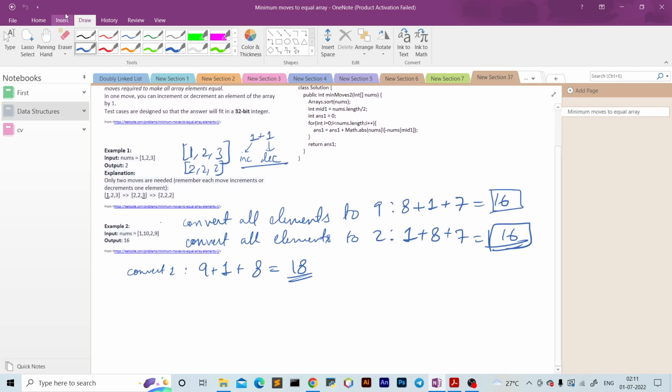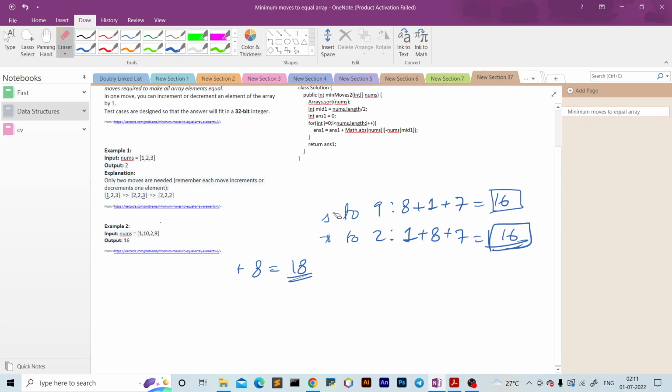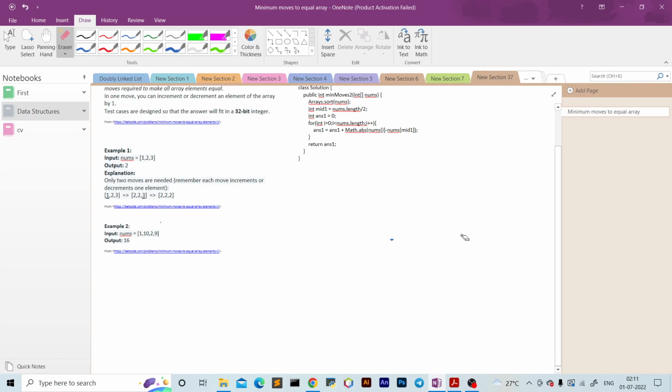a brute force approach to solve this problem is to check all cases. So in this example 2, we convert all to 1, convert all to 2, convert all to 9, convert all to 10.